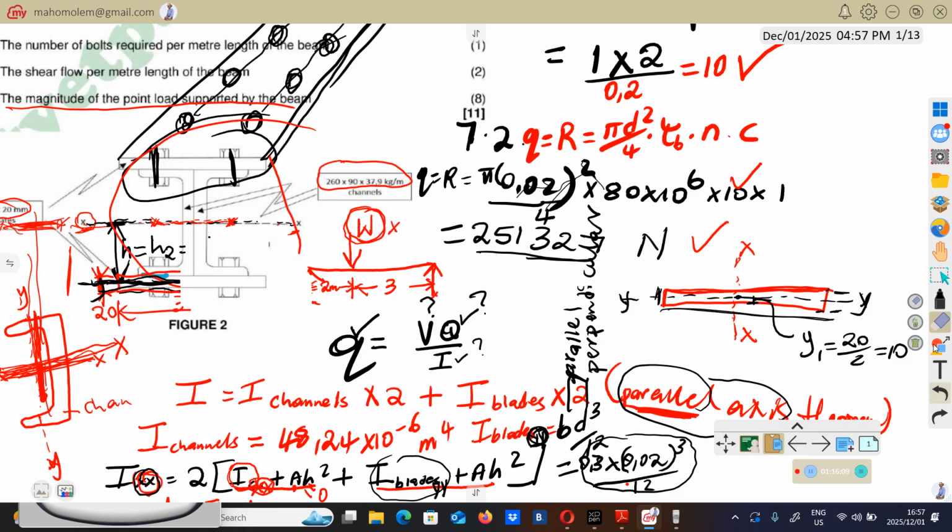We're looking for the distance from the center here to the center of everything.